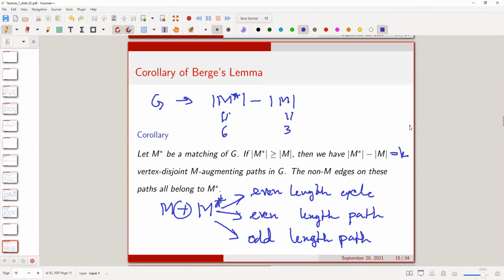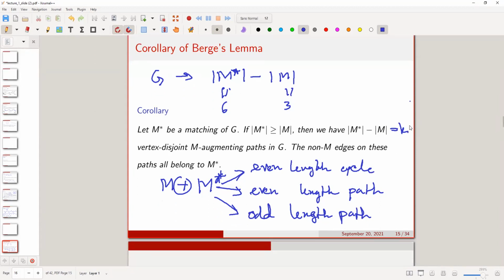Okay, so if this one is fine, then we can move to the next corollary of Berge's lemma.